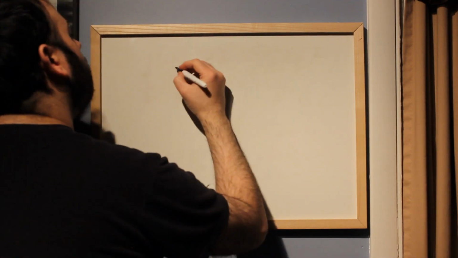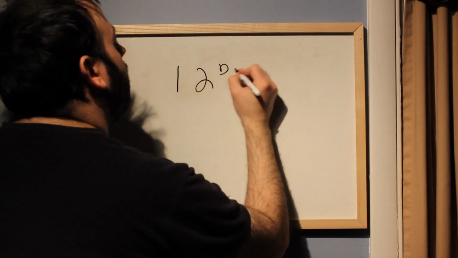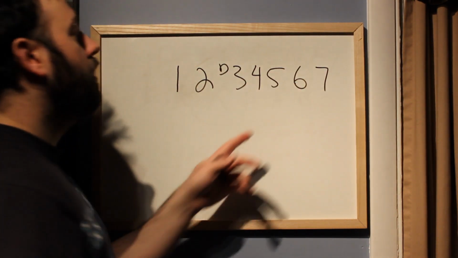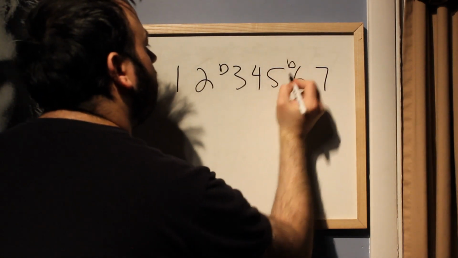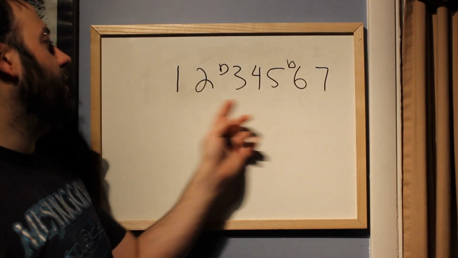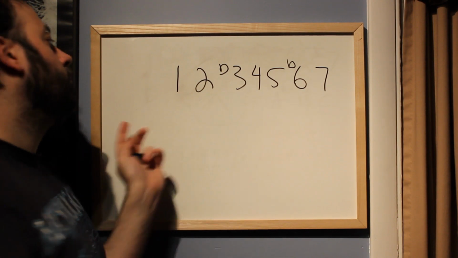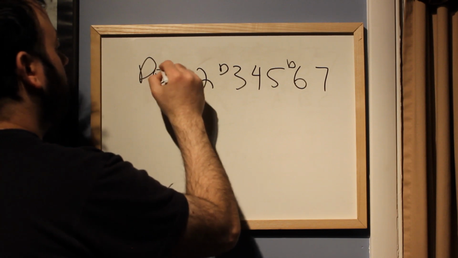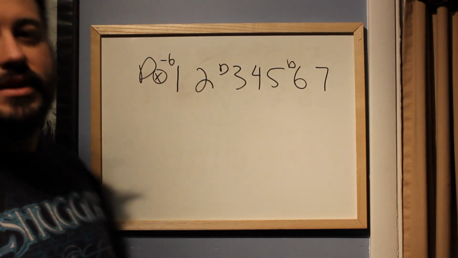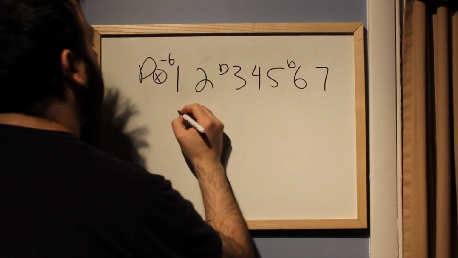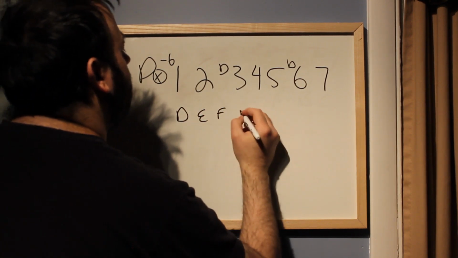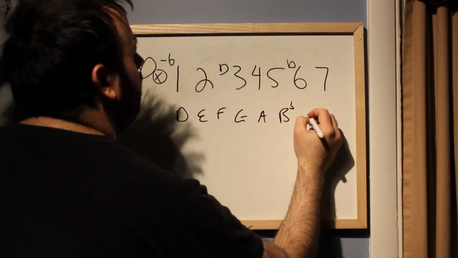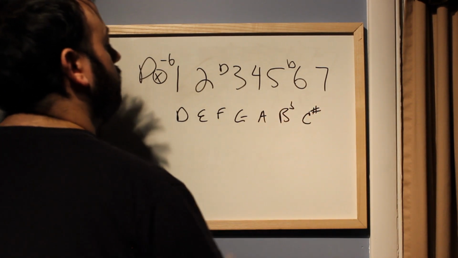With our numbers, 1, 2, flat 3, 4, 5, 6, 7, now we're flattening the 6. What do we have here? This is harmonic minor. So if we were to do D, X, 6 like that, that means D harmonic minor: D, E, F, G, A, B flat, and then C sharp, I guess.